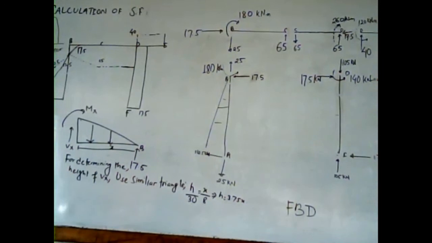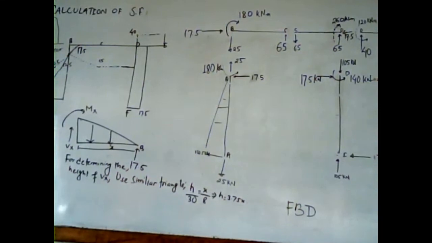Here we cut the section and put Vx in upward direction and a moment Mx. Here we need to know the height of this section Vx. Earlier it was 30 kilonewton at the highest point if it was full, but we have got a section where the shear force is Vx, and we need to know the intensity of that section.